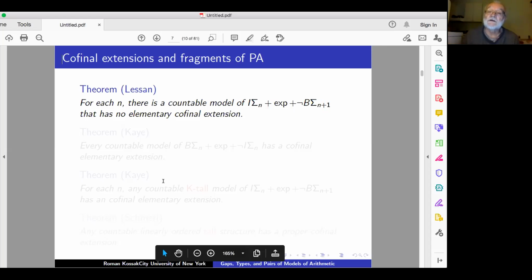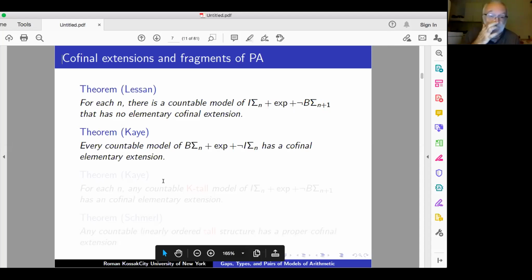When you take a model of PA, for example, and inside you take the set of sigma n plus 1 definable elements, they will not have proper cofinal elementary extensions at all. And so Kaye has looked at it, and he proved that there is a dramatic difference between those two theories: induction without collection, and collection without induction.